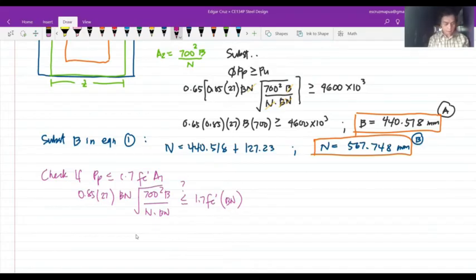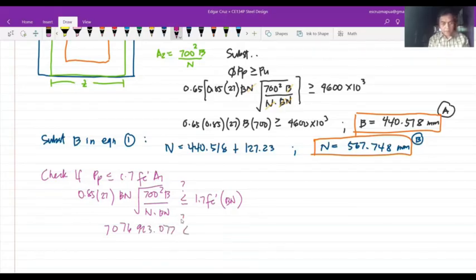Okay? So, 0.85 times 27 times 700 times B, alpha A. So this is 7,076,923.077. Is it less than?